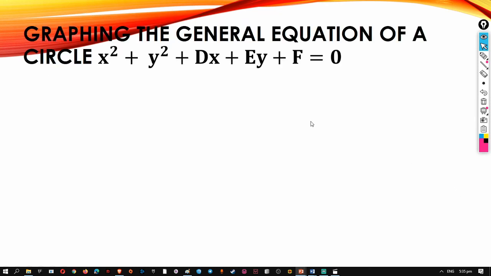Okay. So, heto naman. Ano naman ang susunod na lesson natin? Graphing the general equation of a circle. So, that is in the form of x squared plus y squared plus dx plus ey plus f equals 0. So, ito yung tinatawag na general equation or the general form.